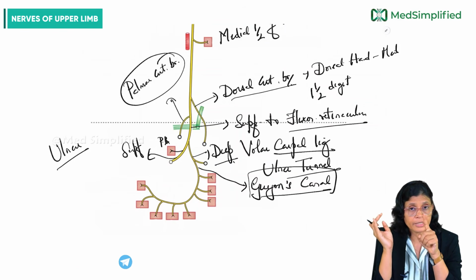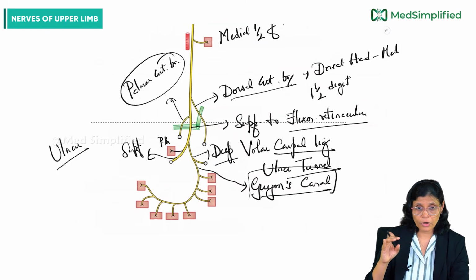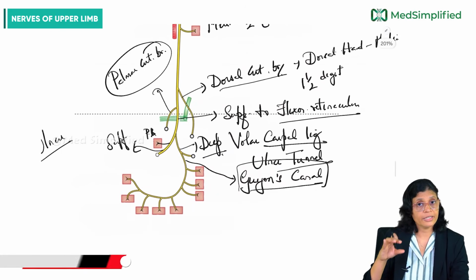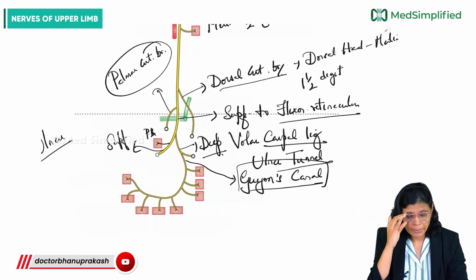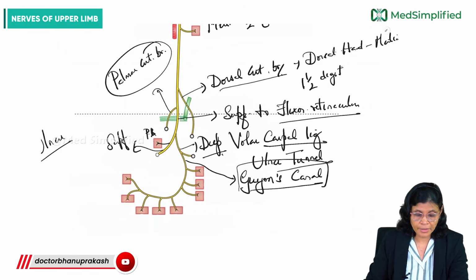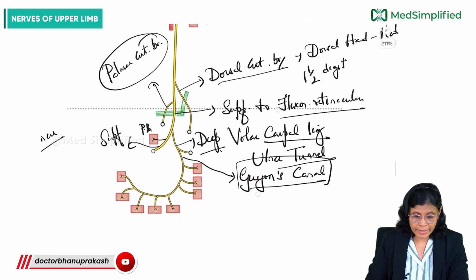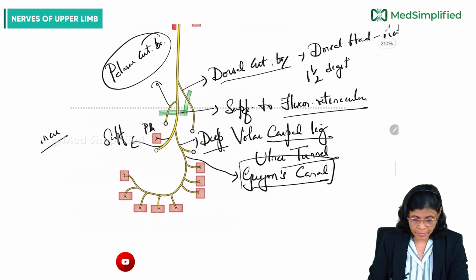Remember, here the volar carpal ligament forms the ulnar tunnel. This is Guyon's canal. There it will form an arc along the concavity of the deep palmar arterial arcade.